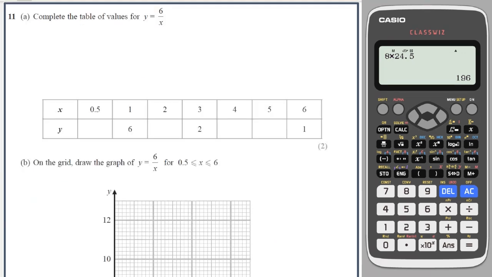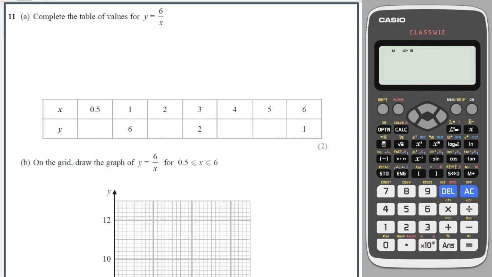Okay, we are drawing a graph, and when we're drawing a graph we should use our calculator to plot the points. We go to menu, we go down to table, and we type in the function, which is just 6 over x. We don't need a second function, so we press equals to pass through it. It starts at 0.5 and it ends at 6. And the gap actually changes, but we will do a gap of 0.5 just to make sure that we have all of them.